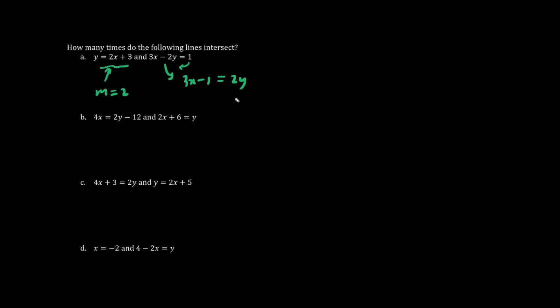Dividing both sides by 2, we have y equals 3 over 2 x minus 1/2. This here is the slope, 3 over 2. So the second slope, this is m1, this is m2, equals 3 over 2, or 1.5.